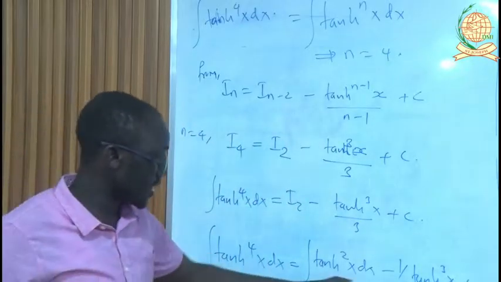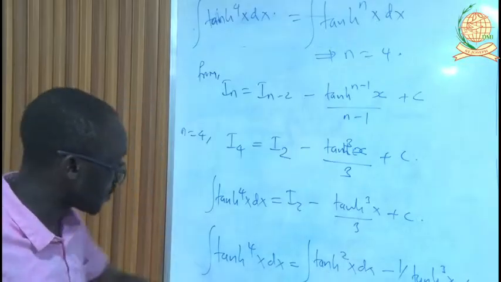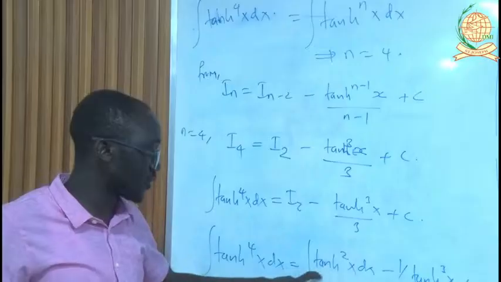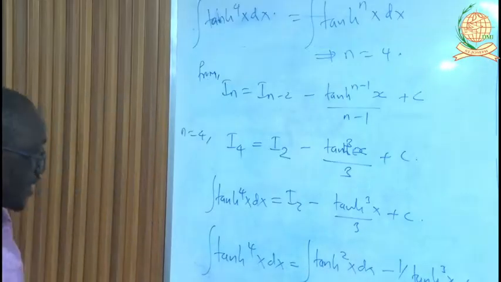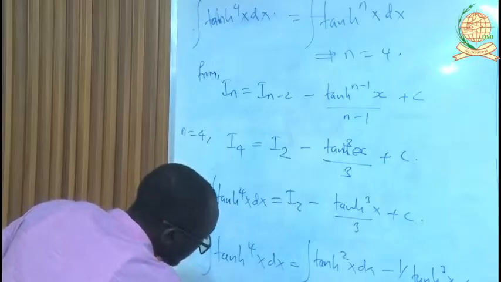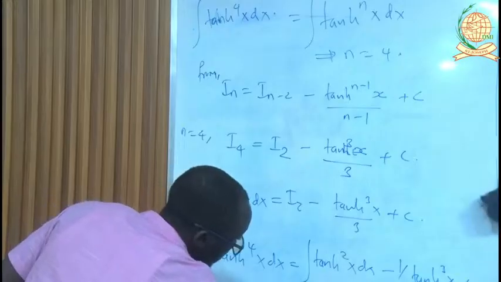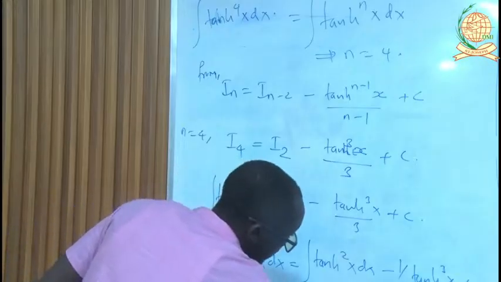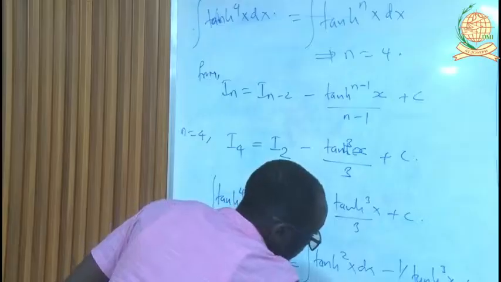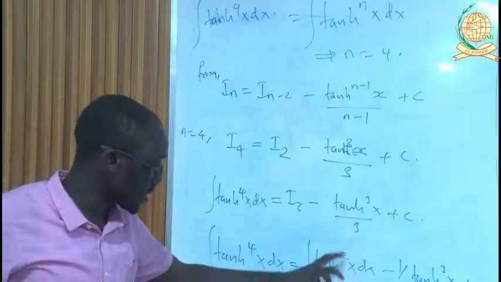Then you can define tangent square very simply, because you just express it in terms of sec square and then integrate it simply. Tangent square is 1 minus sec squared x dx, minus 1 over 3 tanh cube x plus c, because this is the definition of tangent squared x.